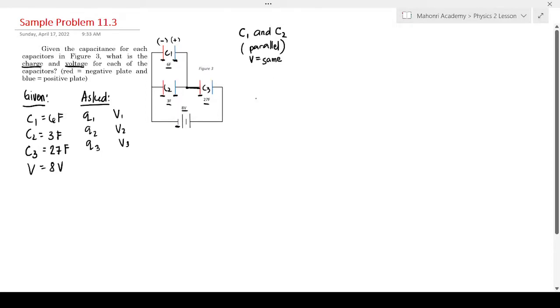is create an equivalent capacitance that can represent our C1 and C2. And if we are going to draw that, it would look something like this.